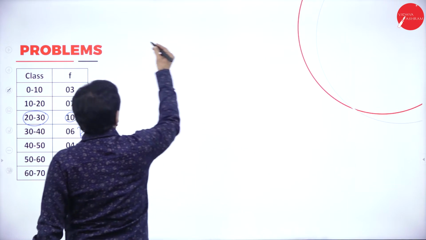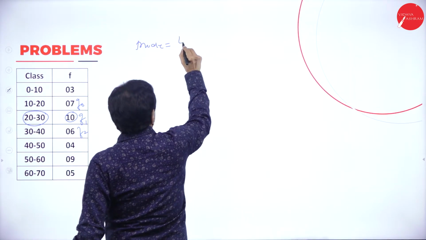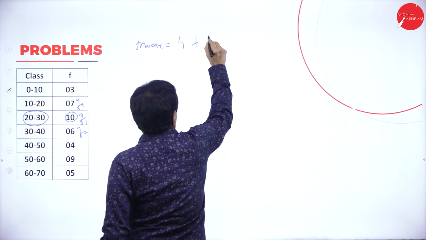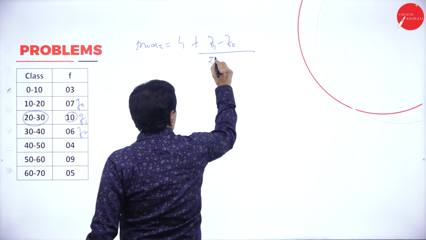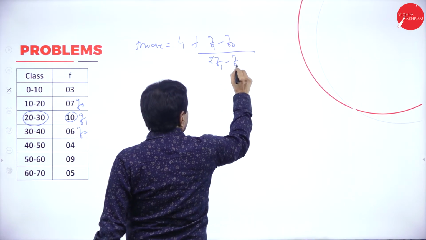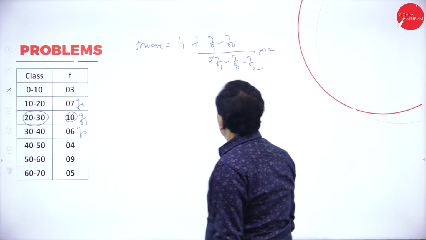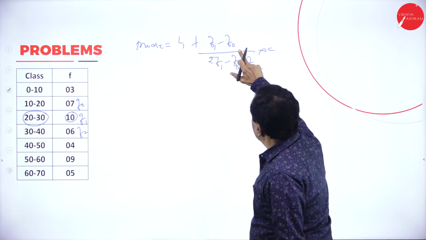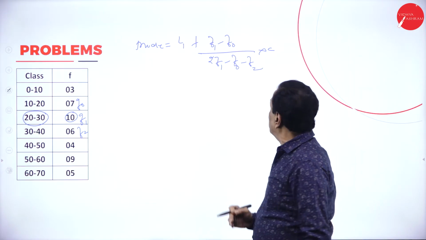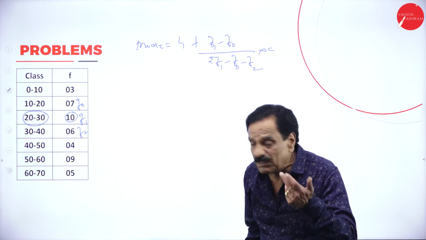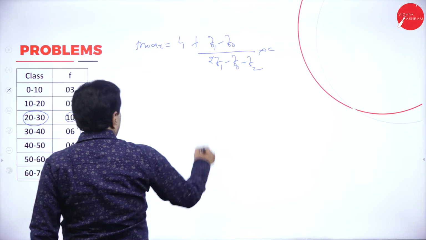Apply the formula. Mode is equal to L1 plus F1 minus F0 divided by 2F1 minus F0 minus F2, into C. As I told you, F1 is highest frequency, F0 is behind frequency, F2 is forward frequency, C is class interval, L1 is lower limit, which is your model class 20 to 30.